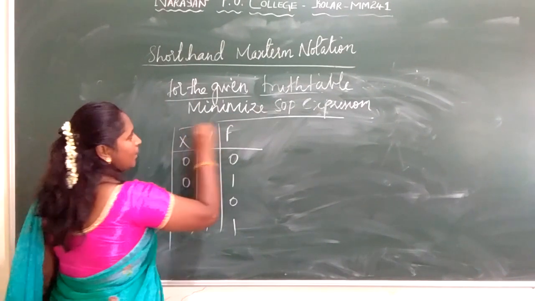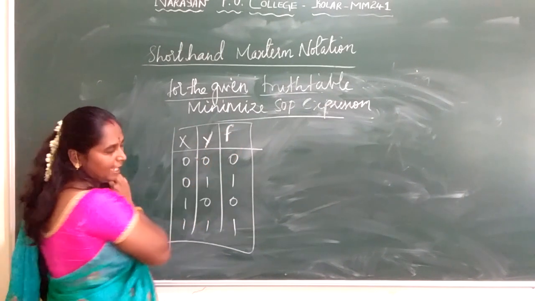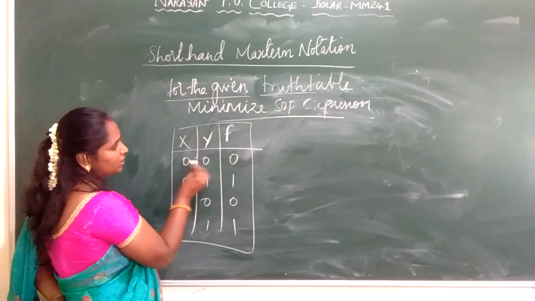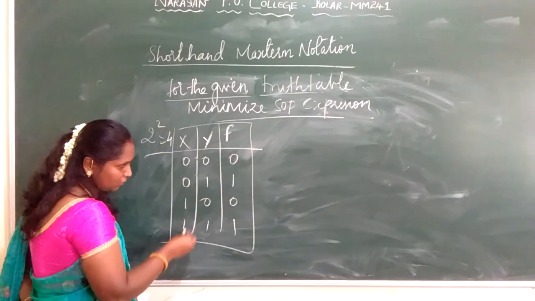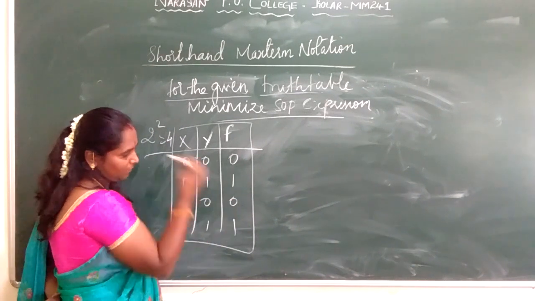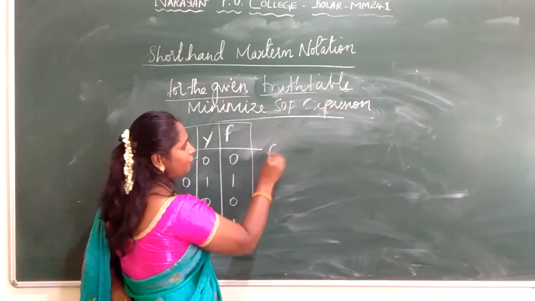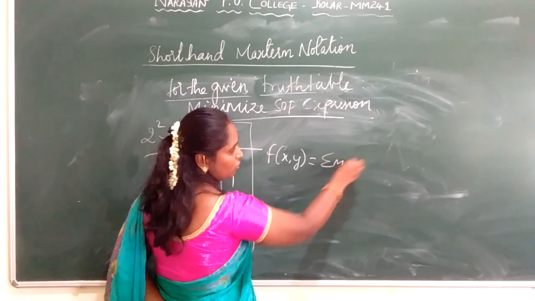Here the variables used are x and y. The function is f. Here the number of inputs is 2, so 2 squared is nothing but 4. 4 possible ways of inputting, and the result is 0, 1, 0, 1. You have to get the expression f of x comma y, or you can write it as summation of m.